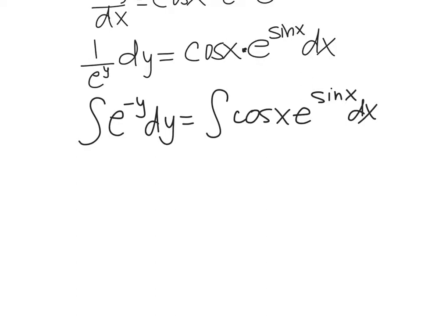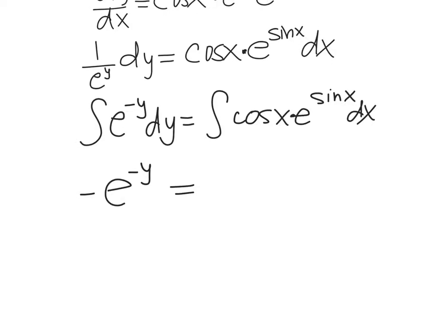The antiderivative of e to the negative y is itself, and then divide by -1, which is just negative. Equals. Now we have to take the antiderivative of this. Some of you might be able to see it. Some of you might need to use U-substitution here.